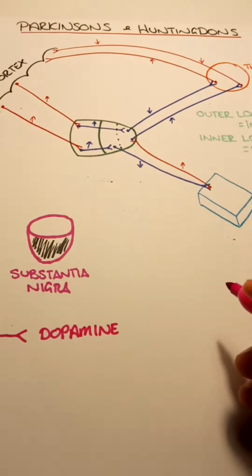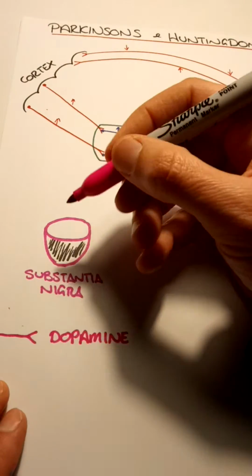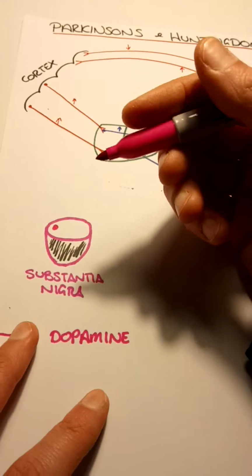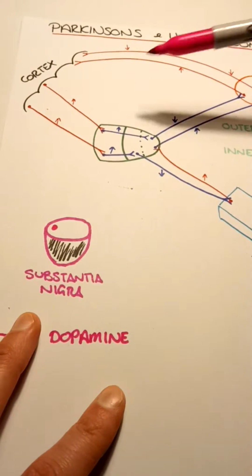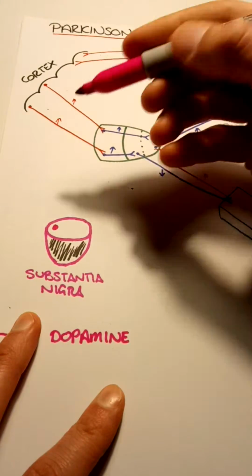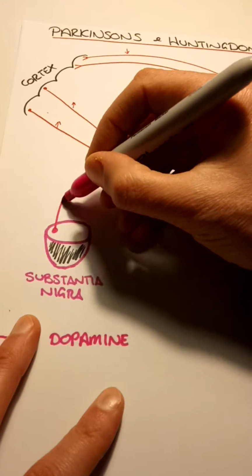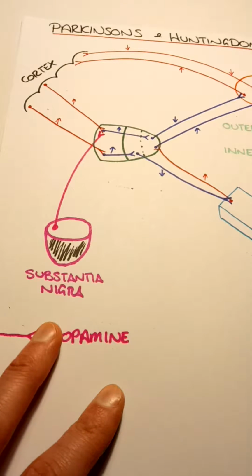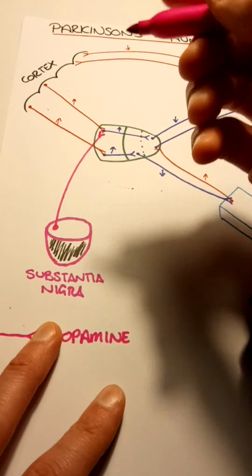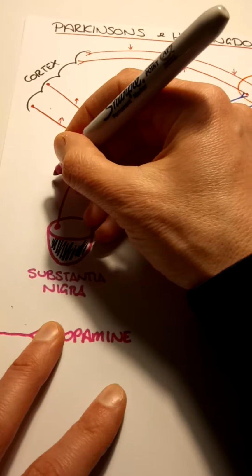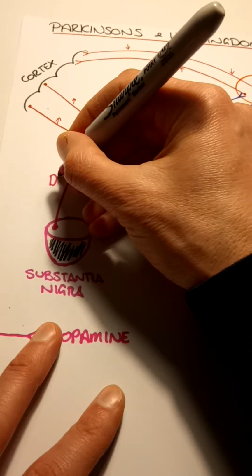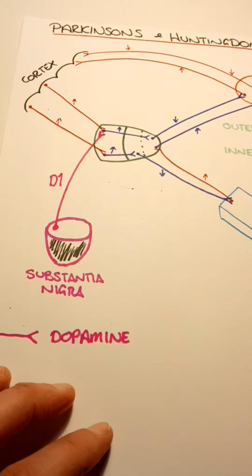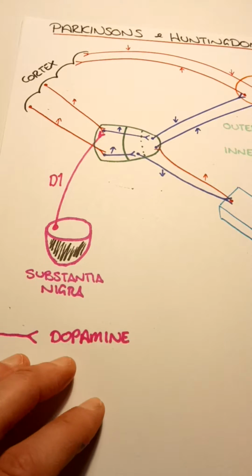Your substantia nigra, one dopamine releasing neuron, affects the direct pathway. So this comes up here and affects the direct pathway. This is called D1, which stimulates the direct pathway.